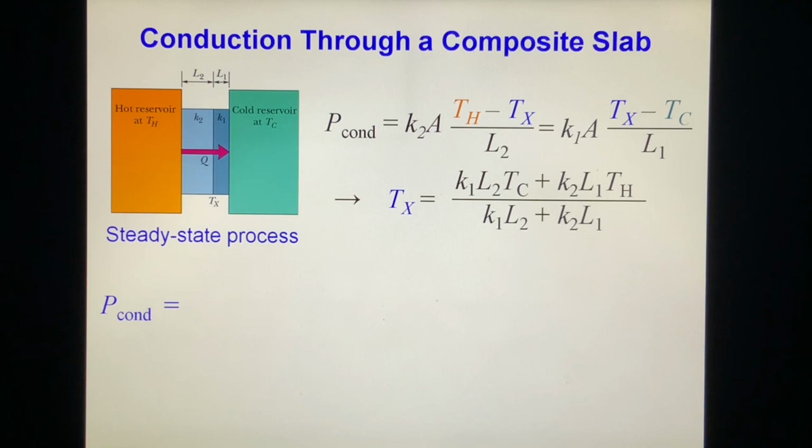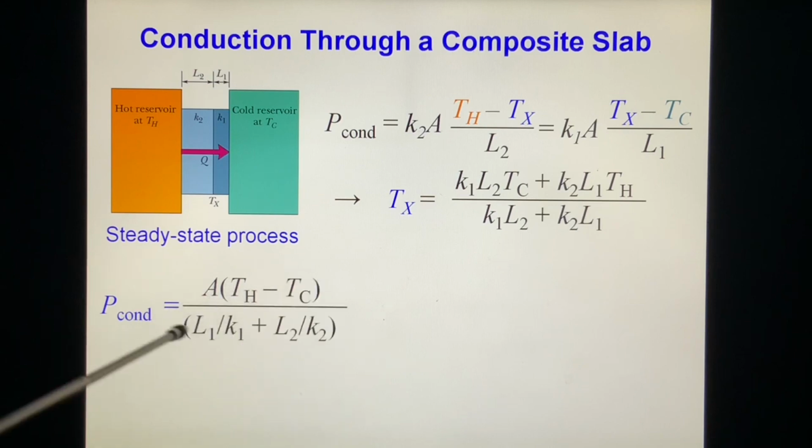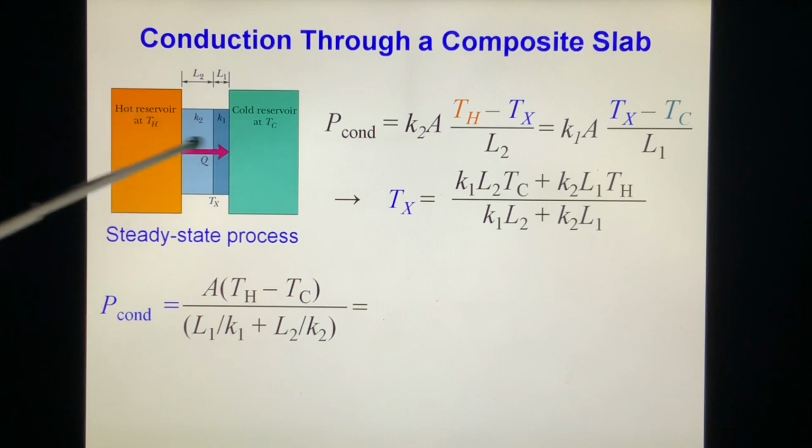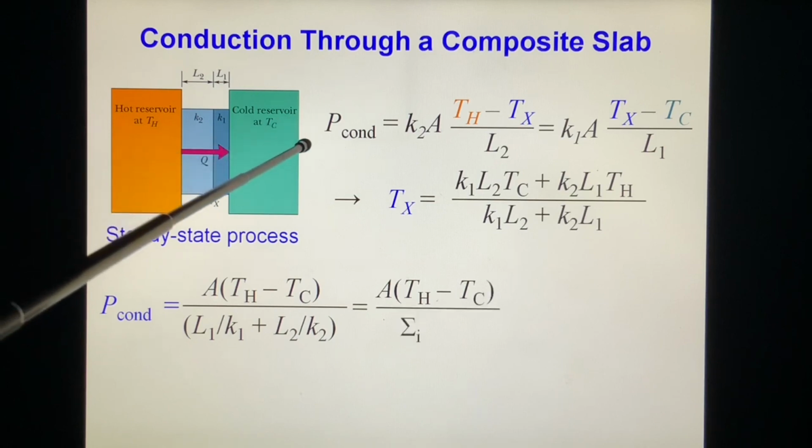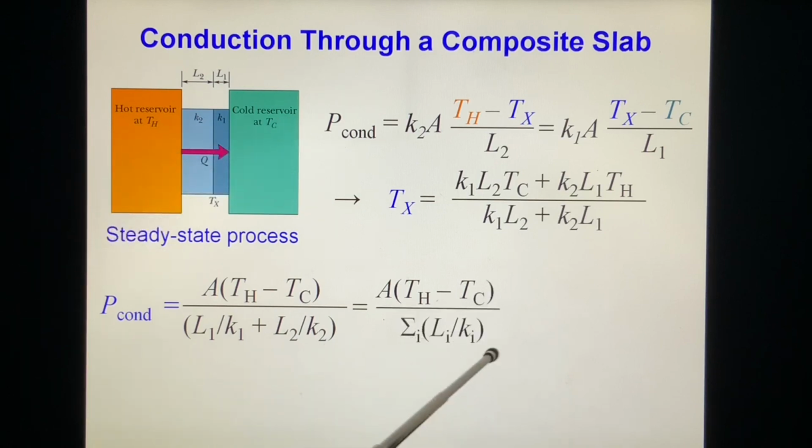This is junior high school mathematics, so I'm not going to do it. We just get the answer. Look at this answer. We know L over K, we call it R. This is R1, this is R2. So the heat conducted through this slab is A (TH minus TC) over sigma R. Instead of R, we have a sum of R. That's very interesting.